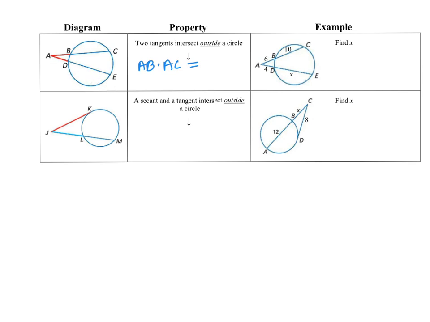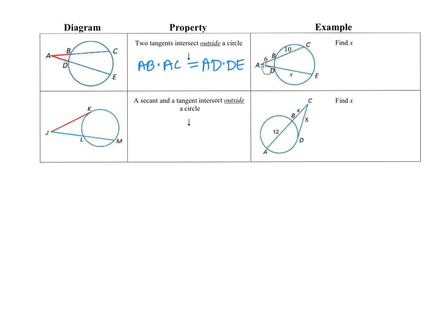So that would be AD times DE. Okay, so if you just remember this, you're going to take the outside part times the whole thing and set it equal to the other outside part times the whole secant. And of course, we're talking about the measures of these segments.